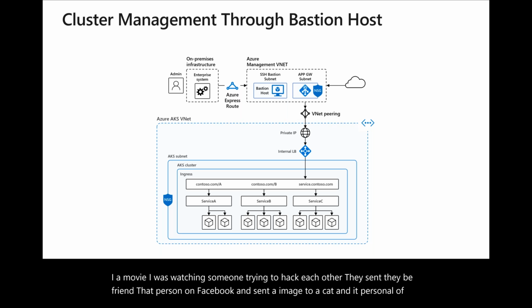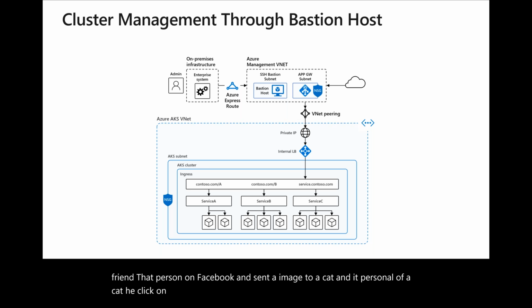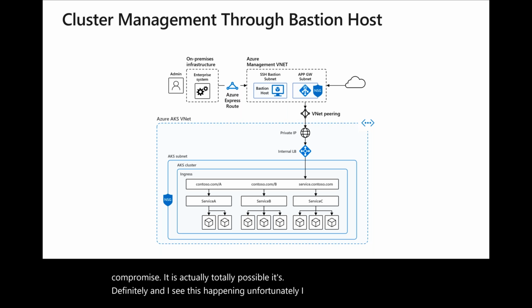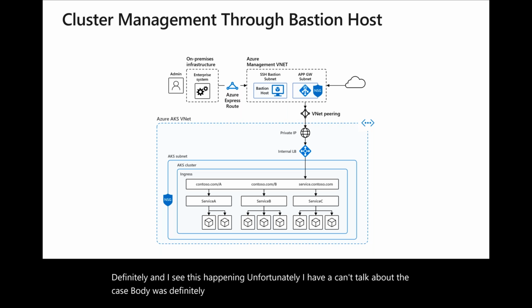He clicked on the picture of the cat, and then suddenly his computer got compromised. It's actually totally possible, and I see this happening. Unfortunately, I can't talk about the case, but it definitely happened with one person that I know.